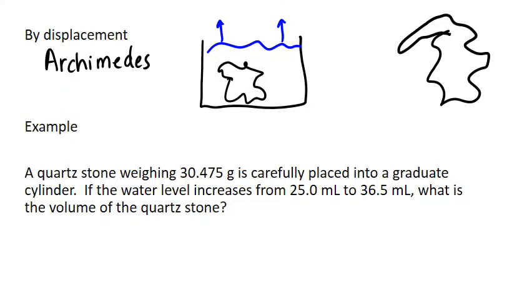So when that happens, I can calculate my volume of my object, we'll call that V object, as being equal to the final volume minus the initial volume. And we'll read those using something like a graduated cylinder or maybe a beaker that gives us some specific measurements that we can work with.